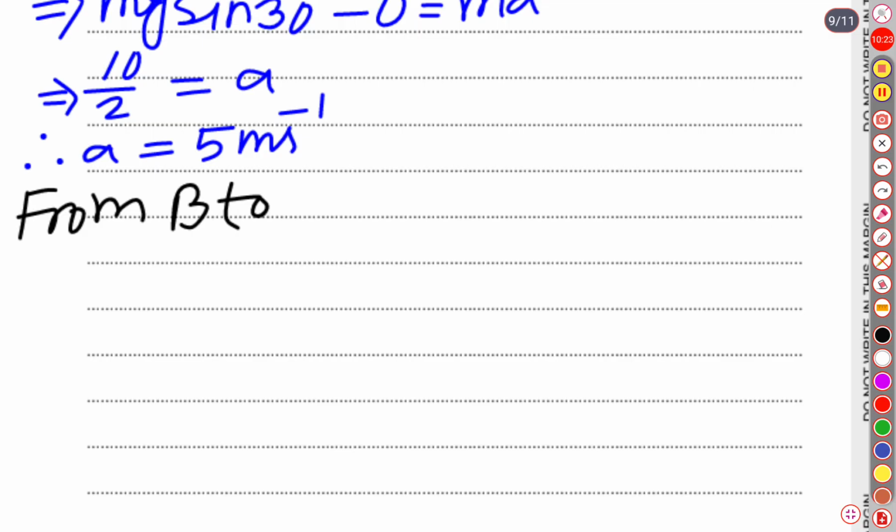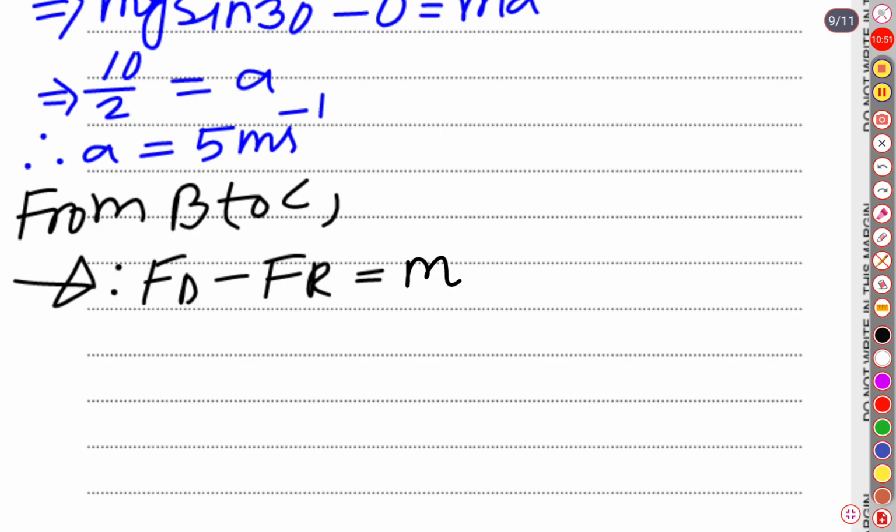B to C, all of the sections are neither smooth nor rough, so individually we'll have to calculate them. From B to C, the same concept: driving force minus resistance force is equal to mass times acceleration.